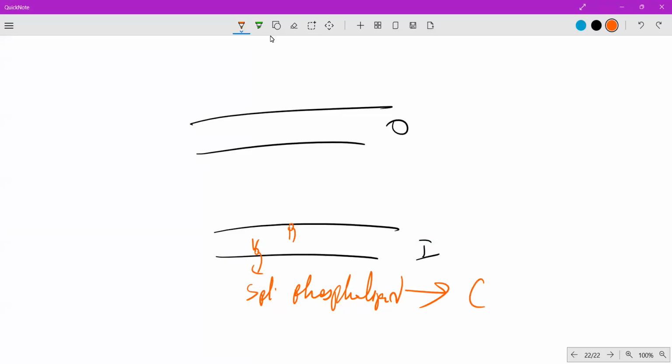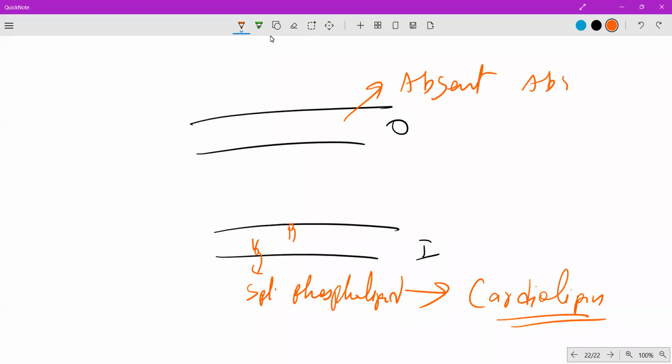That is called cardiolipin. This is absent in the outer membrane, absent in the plasma membrane. It is not in the plasma membrane either. It is found in the inner membrane of mitochondria, cardiolipin.